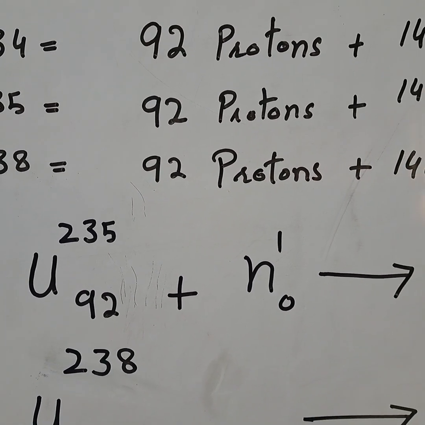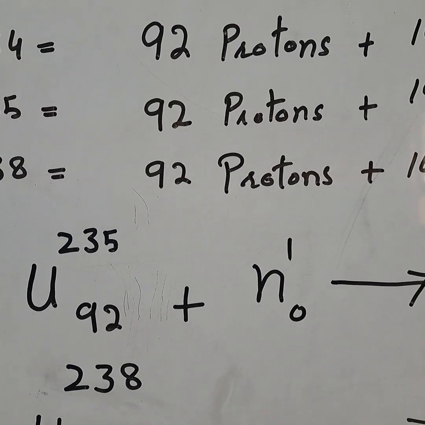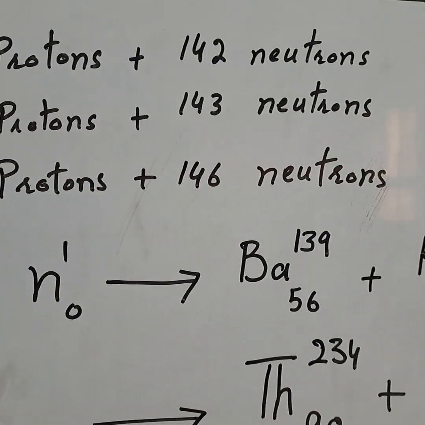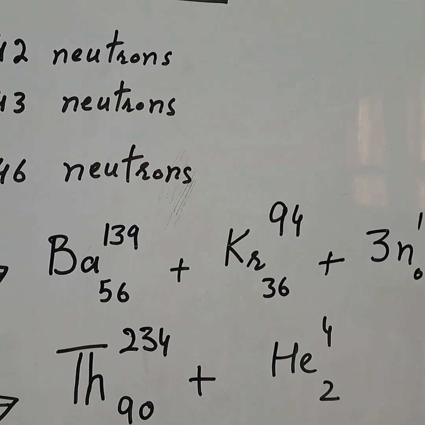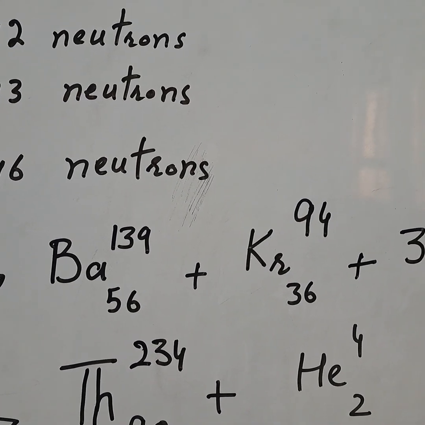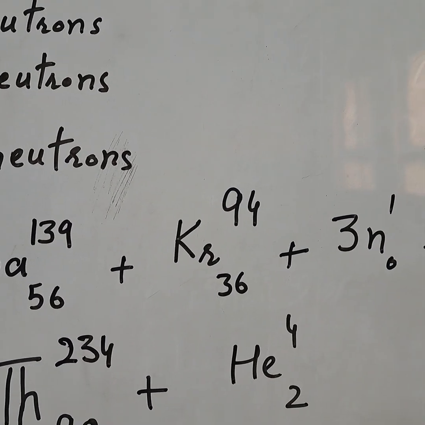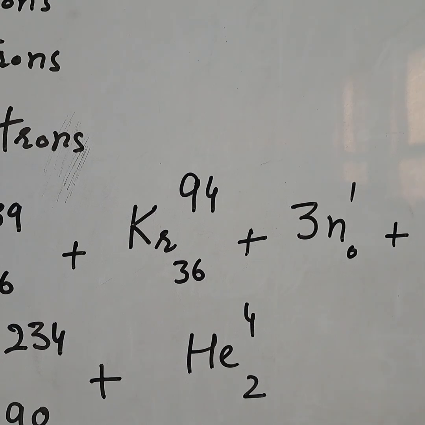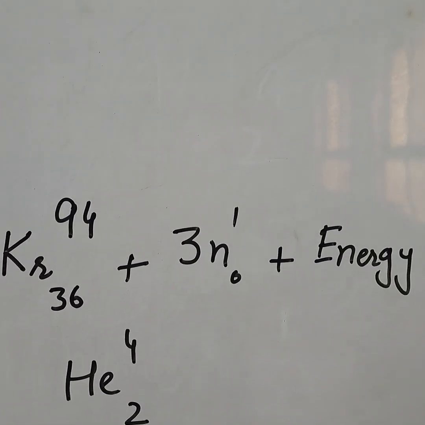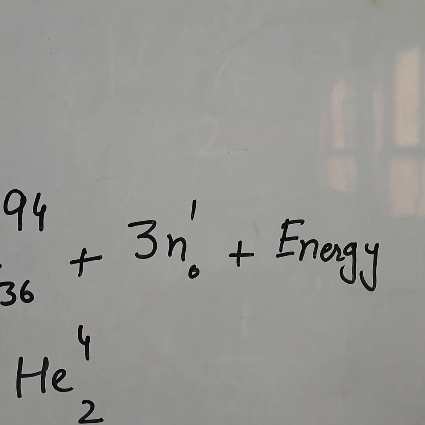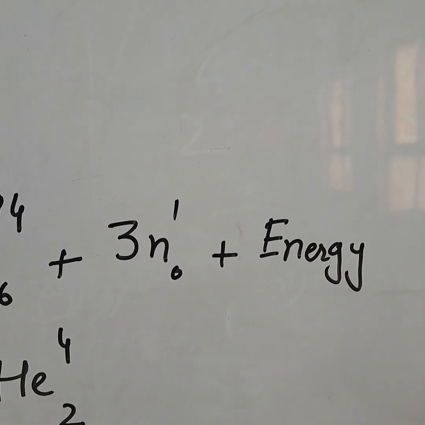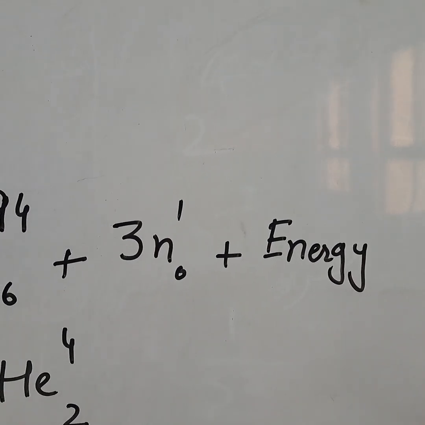When neutrons are bombarded on uranium 235, it is broken into barium 139 and krypton 94. As well as during this fission process, a huge amount of energy is produced.